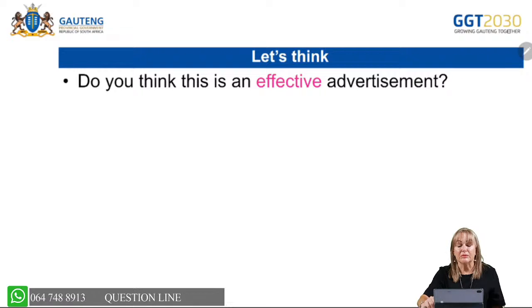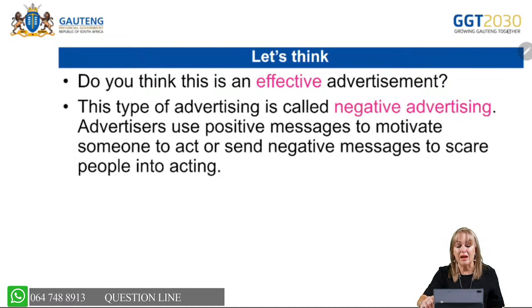Now let's think. Do you think it was an effective advertisement? And that is the nice thing about advertisements. When we ask you for your opinion, you can be honest and explain why you thought it was an effective advertisement, but then you must link it to what is in the advertisement, or whether it is something that didn't persuade you to buy it.